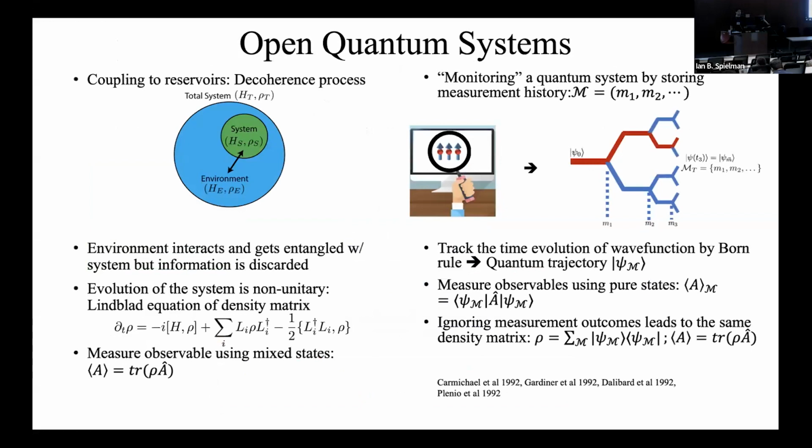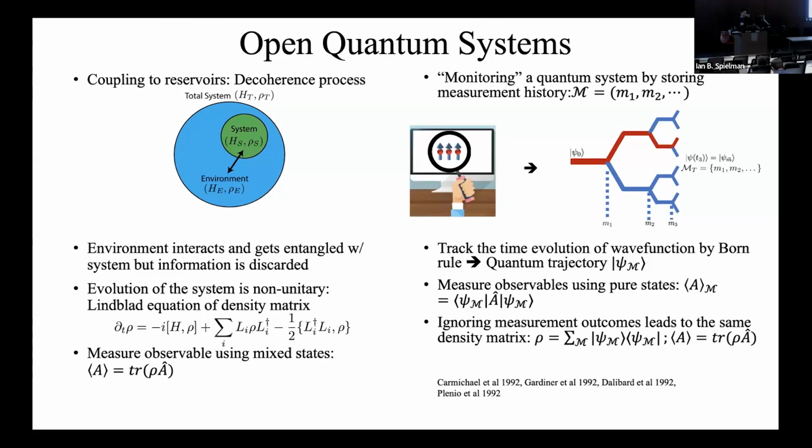Before that, let me just review some terminology about open systems. In open systems, we have a total system, and within that, a system that is coupled to some environment. However, because there are usually a macroscopic number of degrees of freedom in the environment, we cannot keep track of how the system and the environment interact with each other, and we need to discard this information in our description of the system.